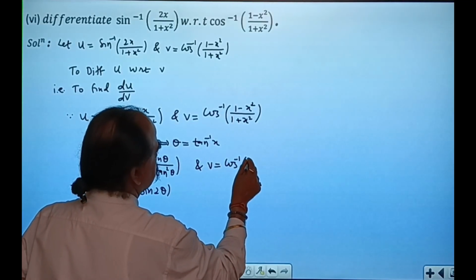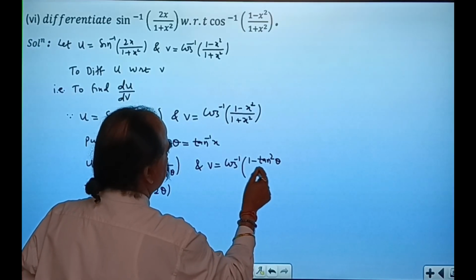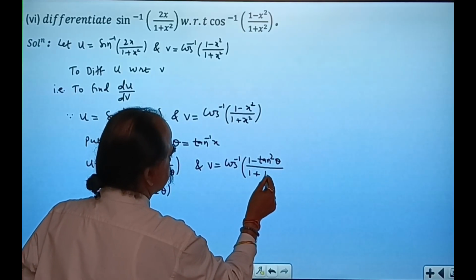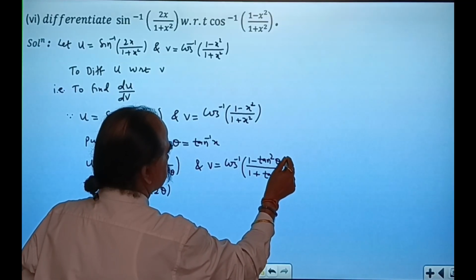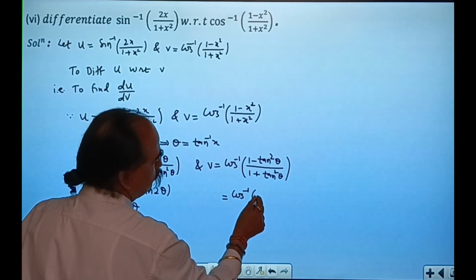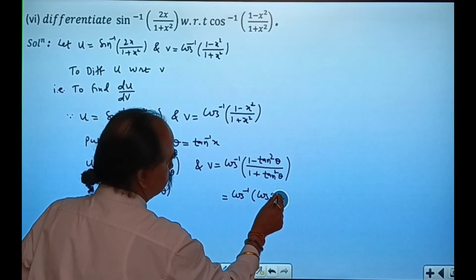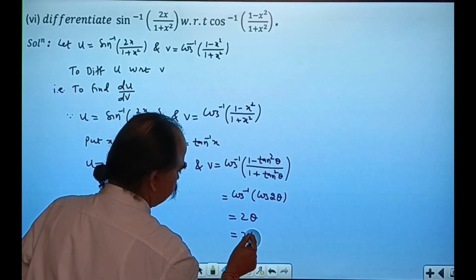Cos inverse 1 minus tan square theta upon 1 plus tan square theta. This is cos 2 theta formula, so 2 theta, which is 2 tan inverse x.